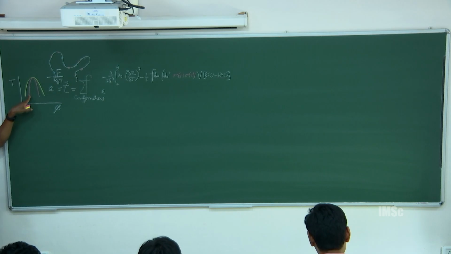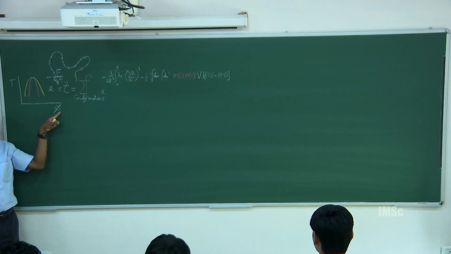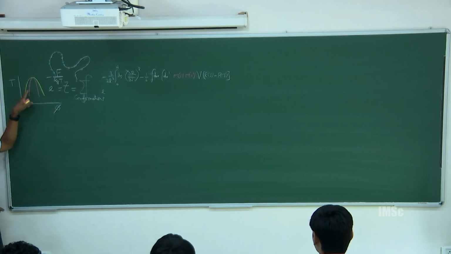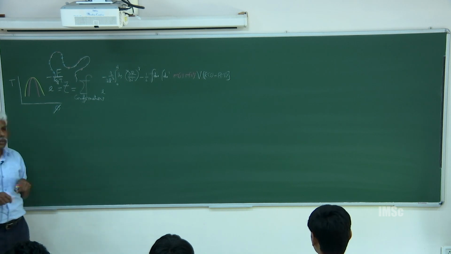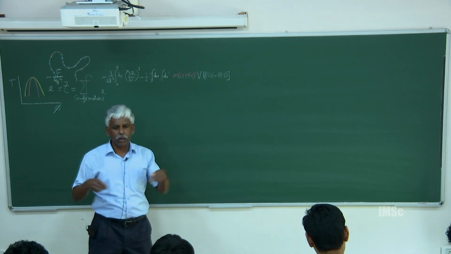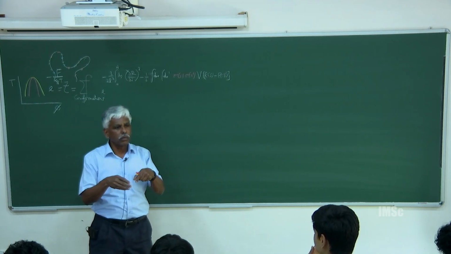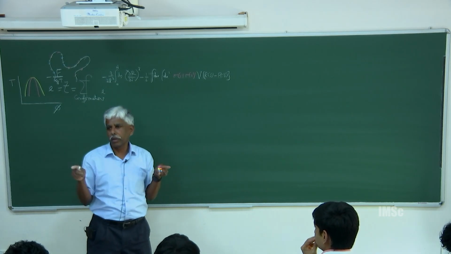For example, this red curve corresponds to the second derivative of free energy with respect to this volume fraction being 0, and the yellow curve corresponds to 2 daughter phases coexisting in such a way that the chemical potential of each component is the same in the 2 daughter phases. If there are 10 components, 10 different kinds of molecules, for each one of them the chemical potential should be the same.